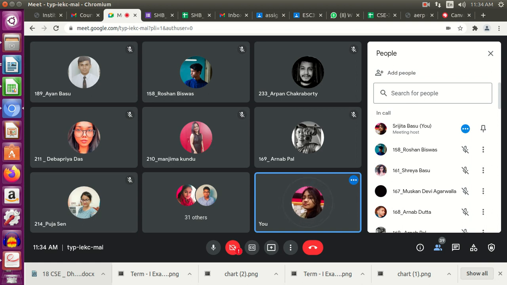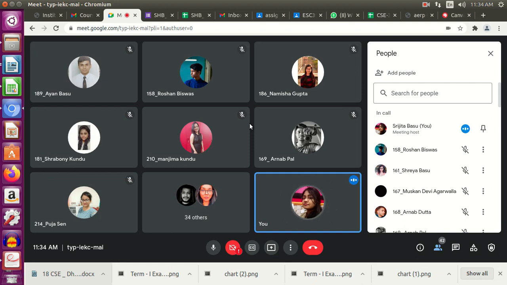Fine. So let me start with today's class, and as I was saying, I'll be continuing with regular expressions. The last thing that we had learned about regular expressions were the different identities related to them, and how to find a regular expression for a given language.